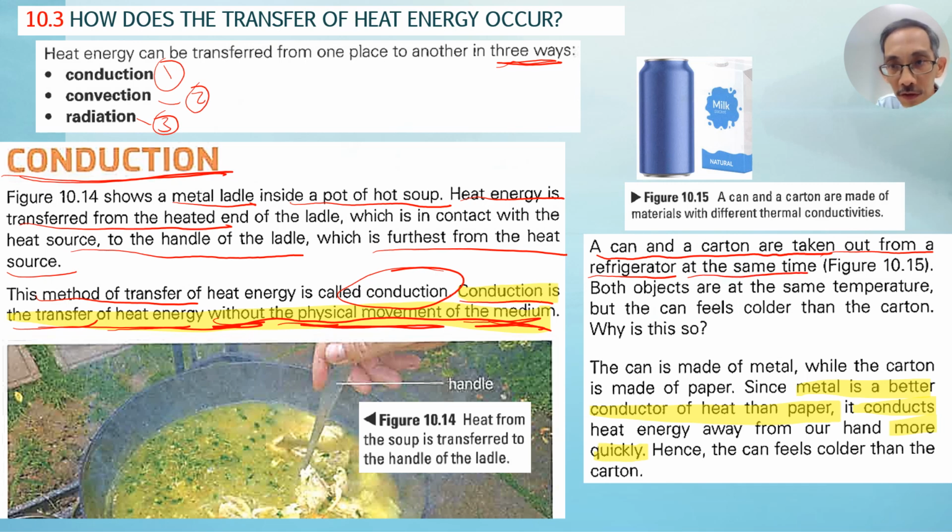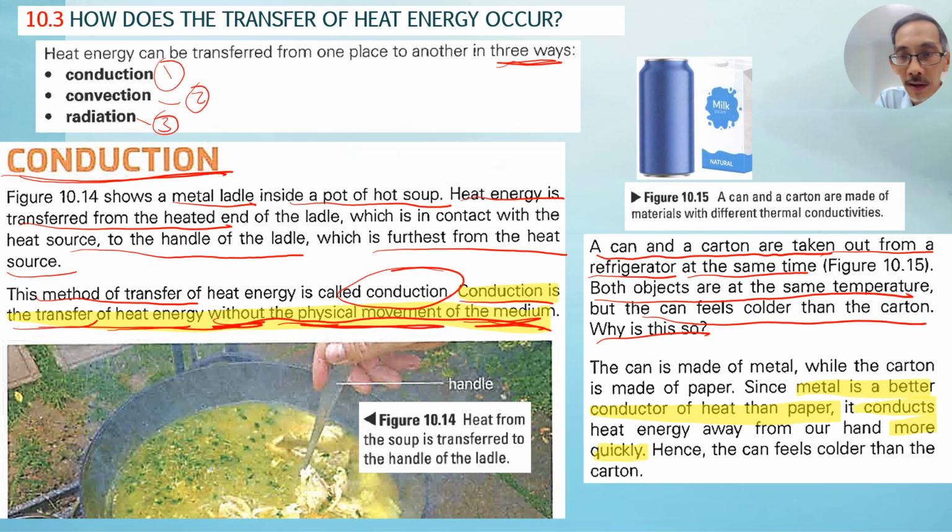Inside the fridge, of course, it's cold. So what happens if you touch both the can and the carton at the same time? Which one feels colder? Why? I think it's related to the idea of conduction, but also knowing about metal and non-metal.